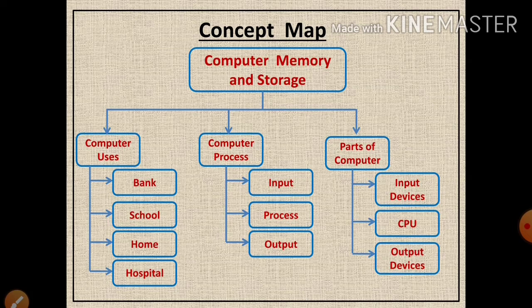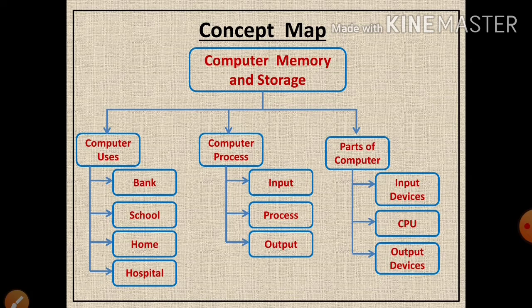Last time we learned about computer uses at different places, the computer processes such as input, process and output, and the parts of computer such as input devices, CPU and output devices.